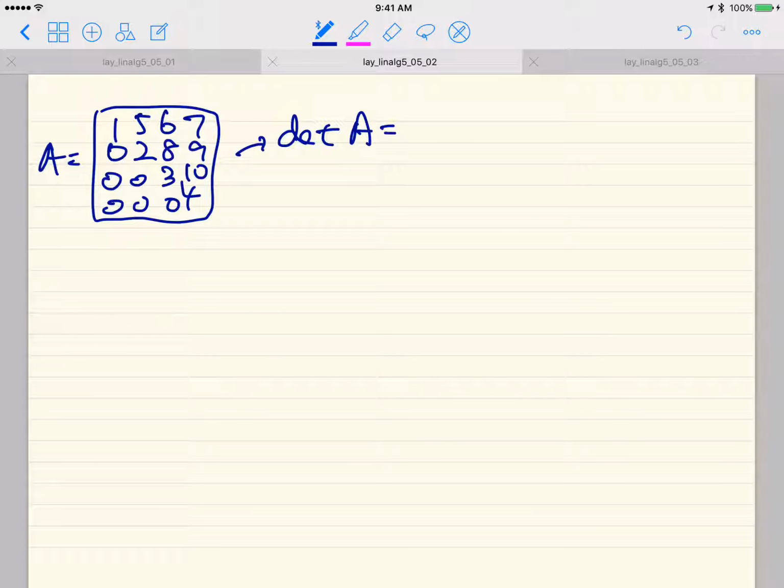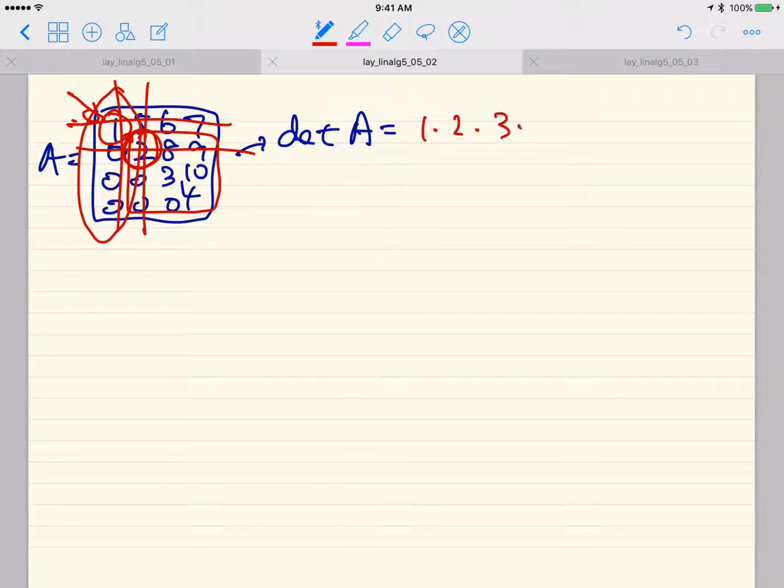Because we first pick this row and use a cofactor expansion, and by using the first column, conveniently, this element will be the only one that we consider. Among the submatrix, we select this one, and remove these two columns and rows, and so on. Thus the only surviving element will be 1, 2, 3, 4.